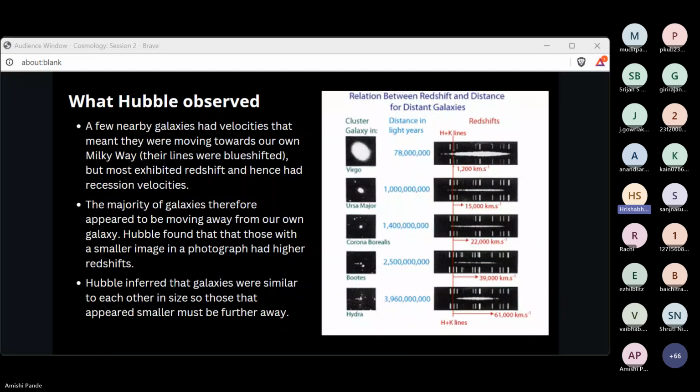Anyway, on the right-hand side we have images of Virgo, Ursa Major, and other galaxies, how they are moving, how far they are, and how much redshifted they are. The significant redshift has its own significance, which we will understand later. You can change the slide.